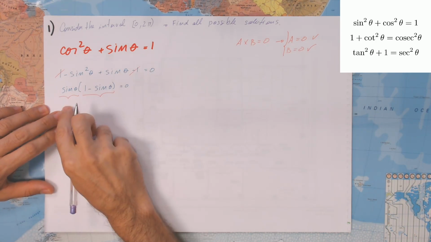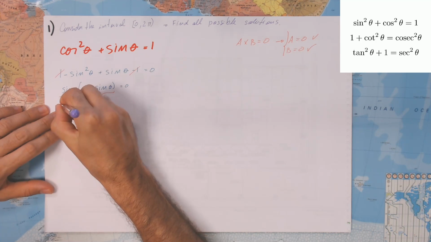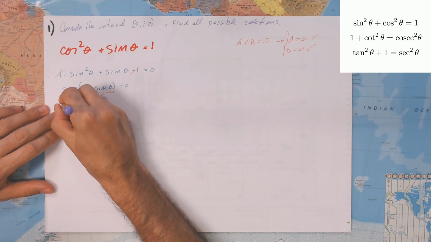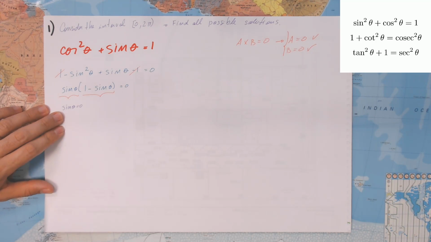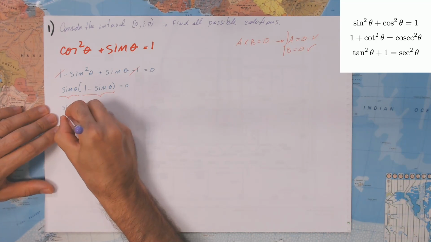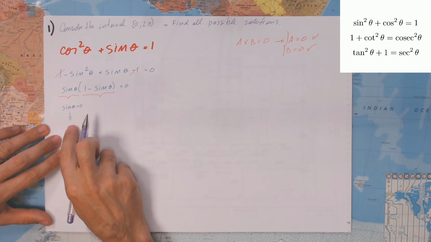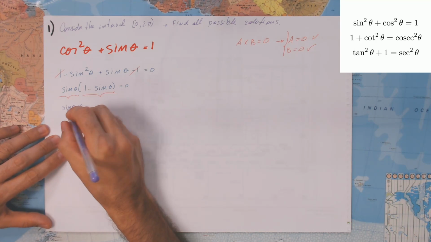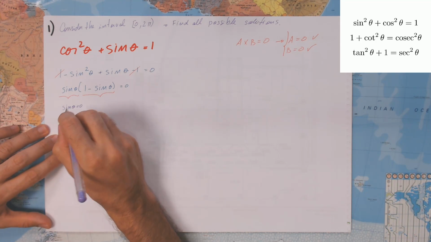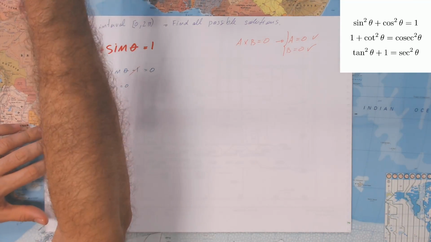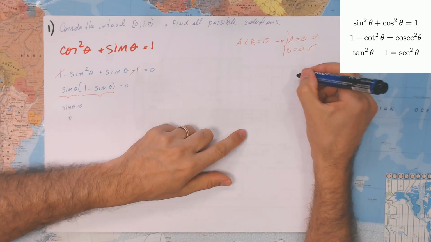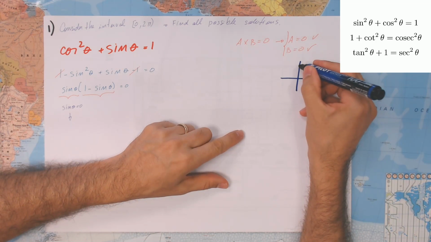let's analyze this case in here, where sine of theta can be 0. For the sine to be 0, I always like to draw here the circumference.